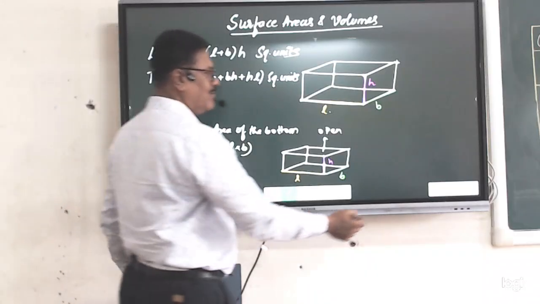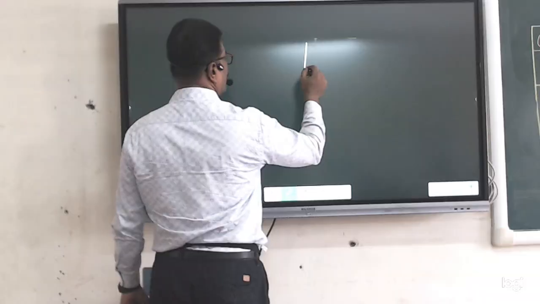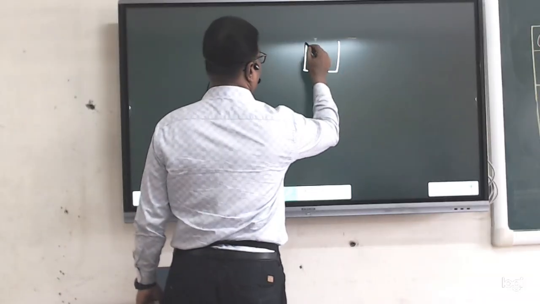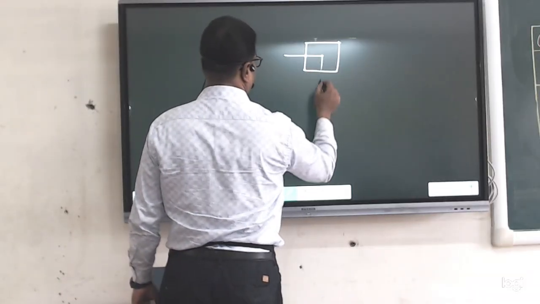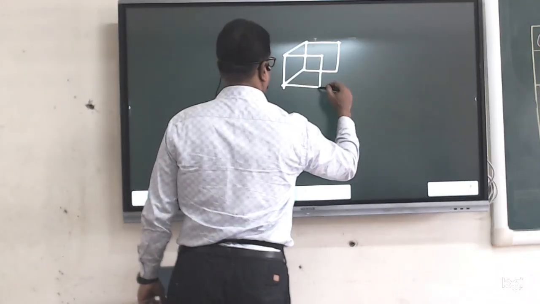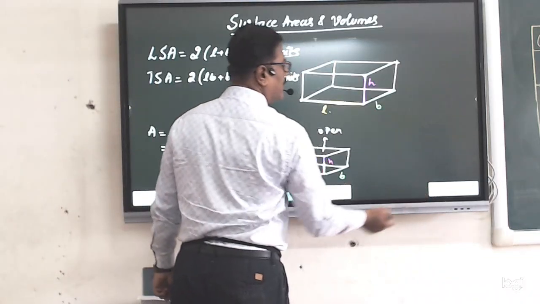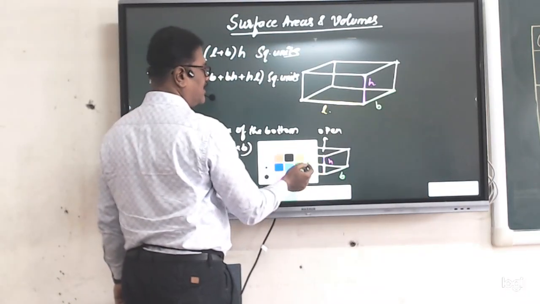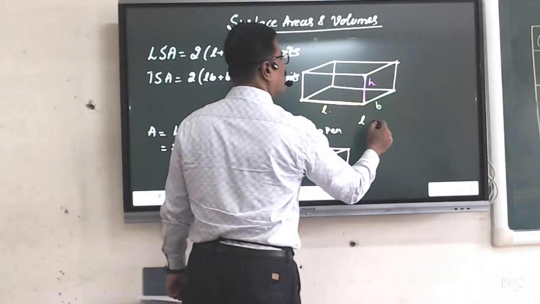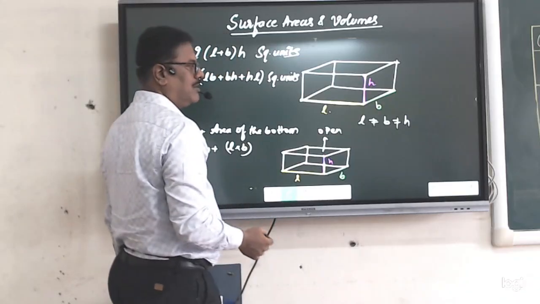In the same way, we have studied one more solid, which I am going to write now. See, this is a solid. Just now we have studied. What is this solid called? Cube. See, in case of a cuboid, the length, breadth and height are not equal, all the three are different.